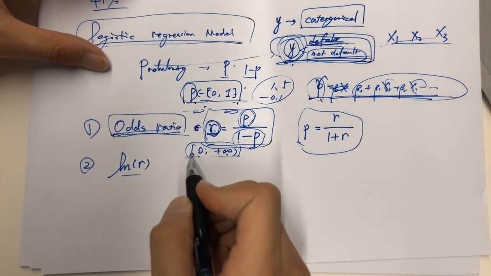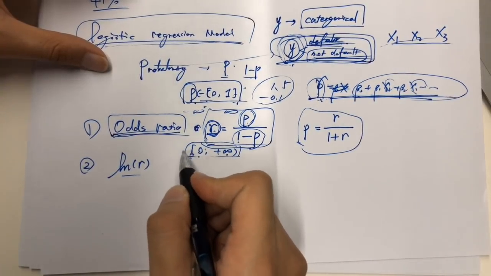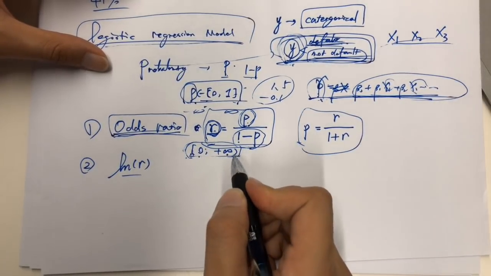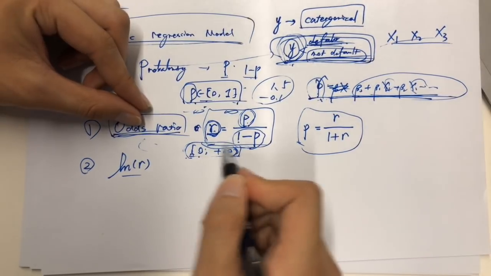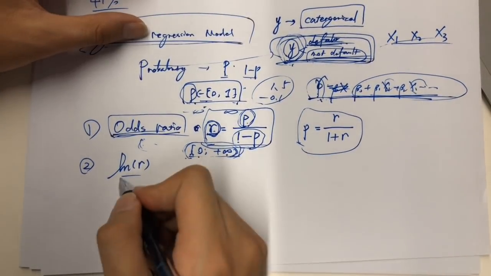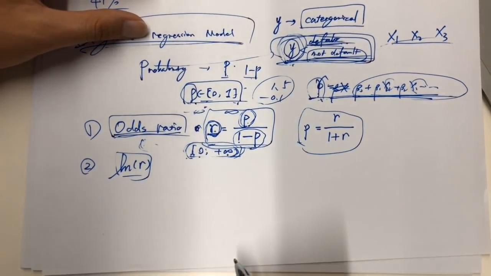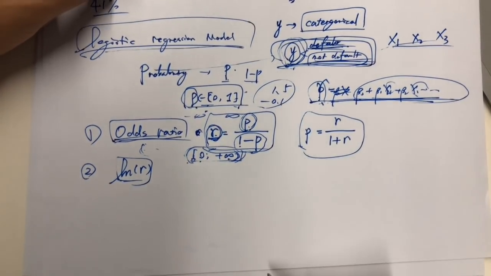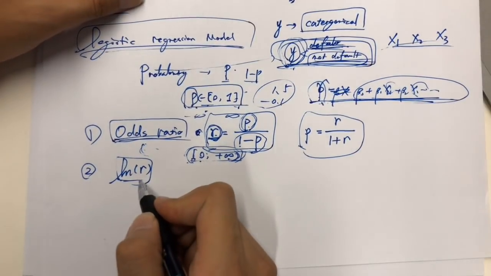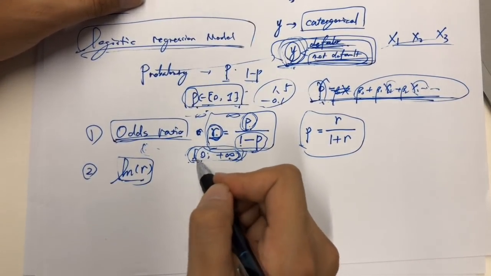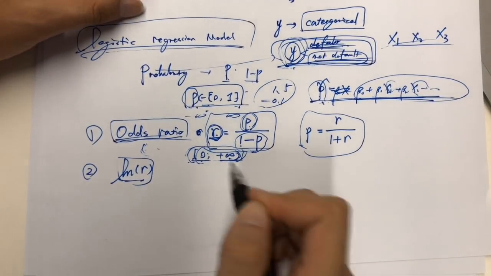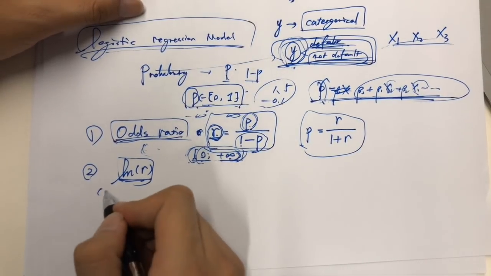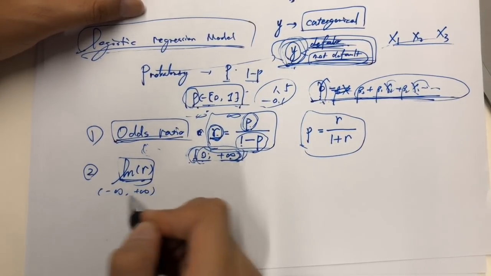Therefore, we really want to make the range of our dependent variable the whole number range. So that's why we use log of R. That's why it is called the logistic regression model. When we use log of R, if R ranges from 0 to positive infinity, the log of R becomes minus infinity to positive infinity, right?